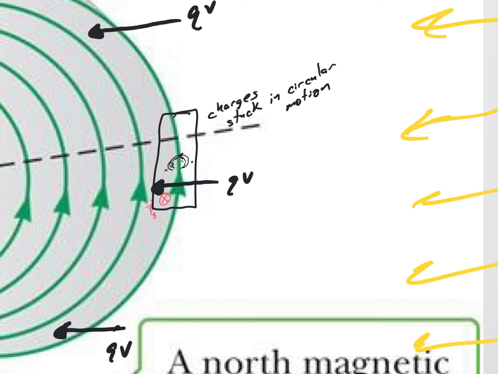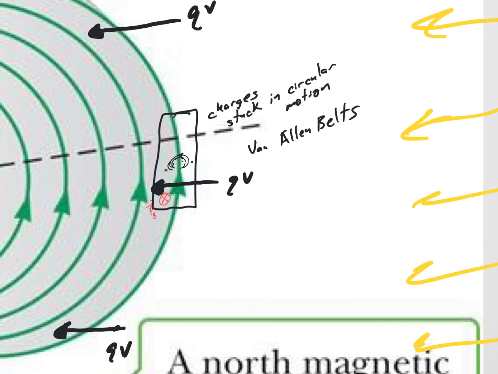This region is called the Van Allen belts. The Van Allen belts are regions where a whole bunch of charged particles are stuck in the Earth's magnetic field, just moving in circles over and over.